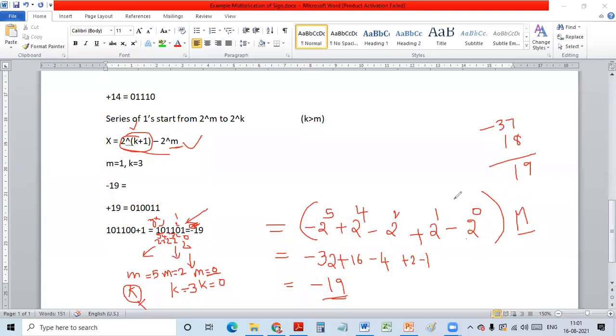The same multiplicand has to be shifted by 2 bits to the left and subtracted, and by 4 bits to the left and added, and by 5 bits to the left and subtracted. Then you will be getting the total product. Am I clear? So now tell me when you need to subtract and when you need to add.